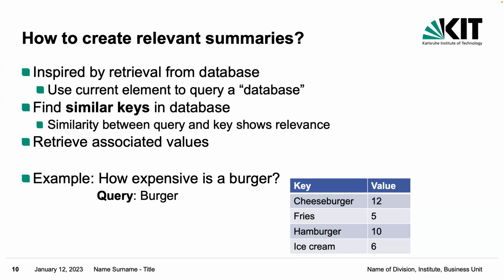What you're doing is your query is then burger. And now in order to get how expensive a burger is, you compare your query with your keys and find the one which is best matching. And this will give you your result. So you'll get something like 10.